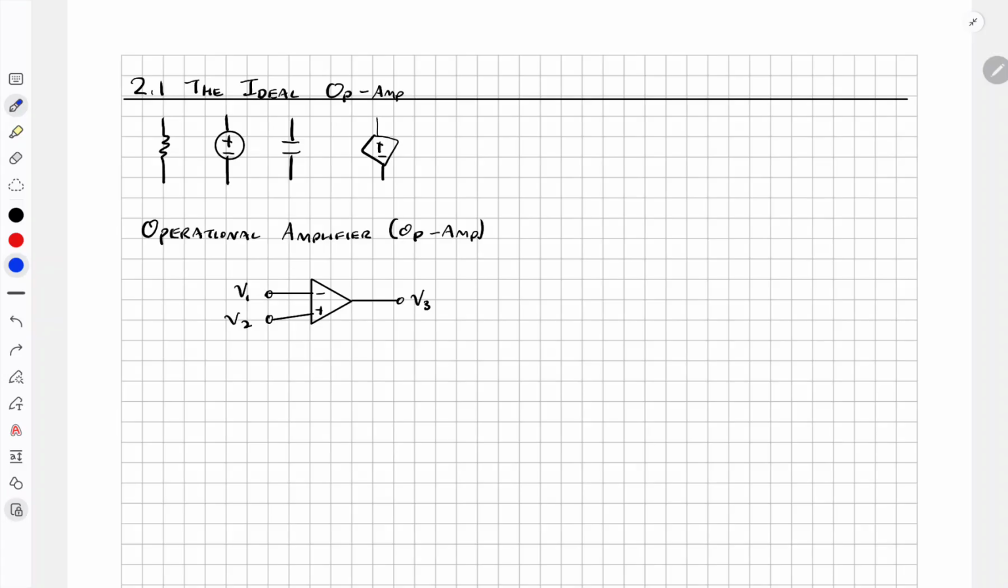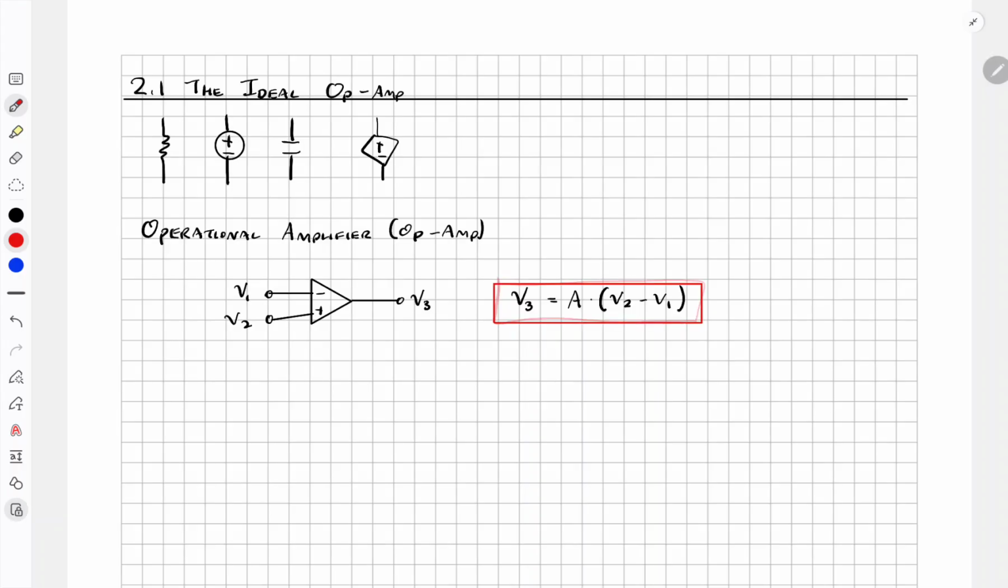What the op-amp does is it senses the voltage difference between V1 and V2, and then it amplifies this difference by a large number. We'll demonstrate that with an equation: the op-amp sets the output V3 equal to a big number, which we call A, multiplied by V2 minus V1.